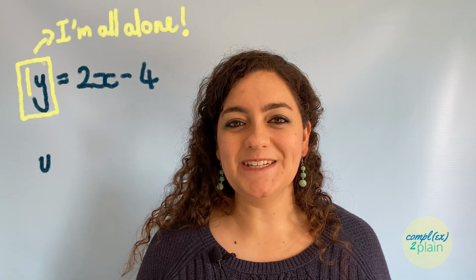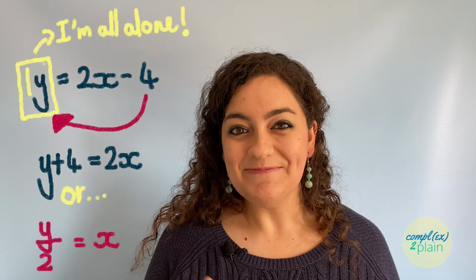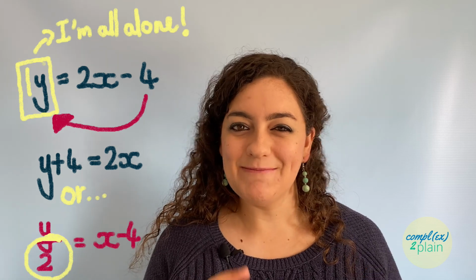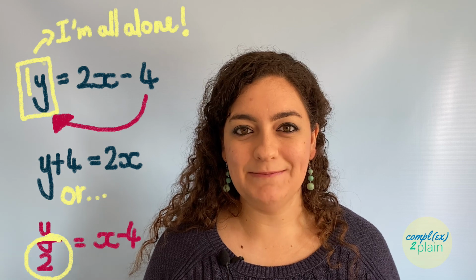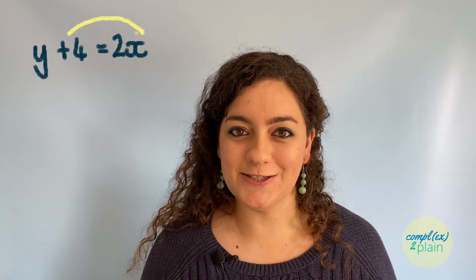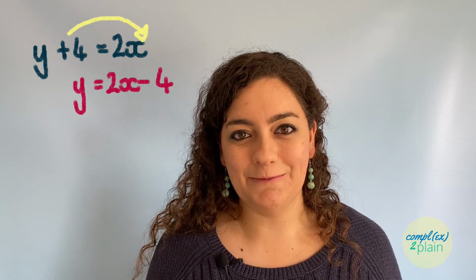But what your teacher can do is they can bring the y-intercept over to the other side like this, or they can mess with the coefficient, and then usually the grade 9s just have a mini meltdown when they see this in their test. But don't freak out. All you need to do is imagine you're doing an equation and you're solving for y. So you need to get y by itself again, and then you'll be back in standard form. So it's not that tricky when you know what to do.